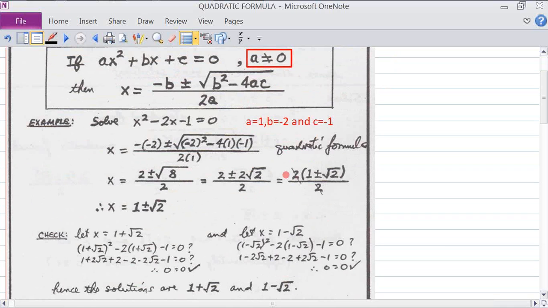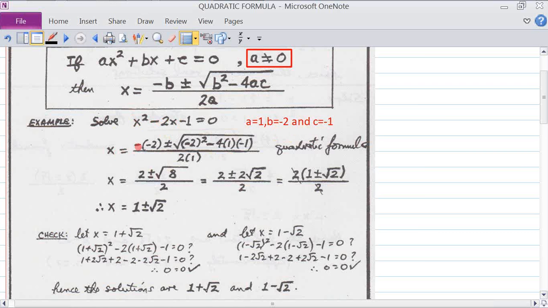So supposing, as an example, we have x squared minus 2x minus 1 equals 0, and we want to find out what are the values of x that make this equal to 0. In this case, a is 1, because the coefficient of x squared is 1. b is minus 2, and c is minus 1.